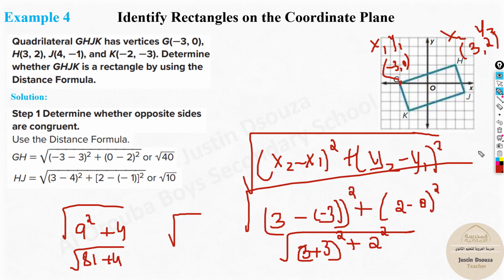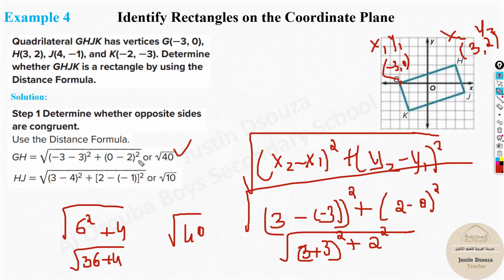I made it 9. I multiplied it. My bad. It's just that I'm tired, I guess, and my mind is not as fresh, so I'm making clumsy mistakes. Sorry for that. Here it's not 81, it is 36. 6 squared is 36 plus 4. The answer is 40, square root of 40.